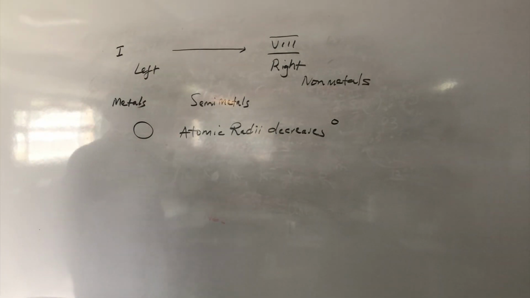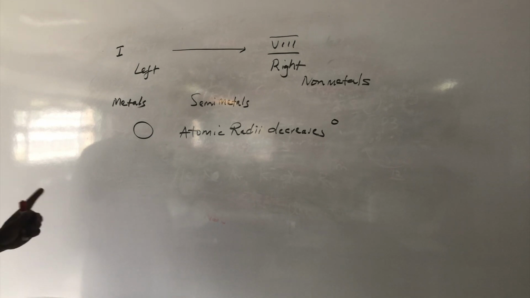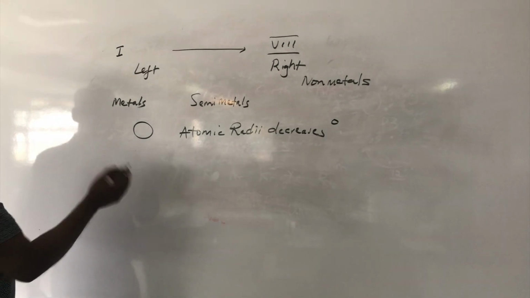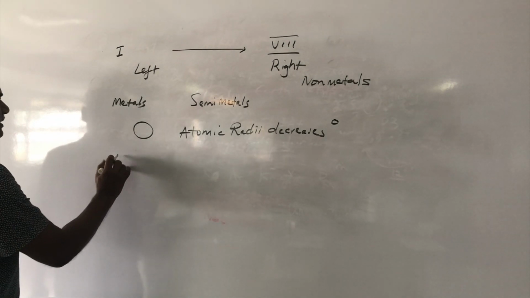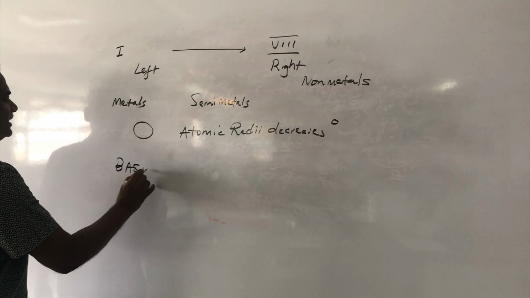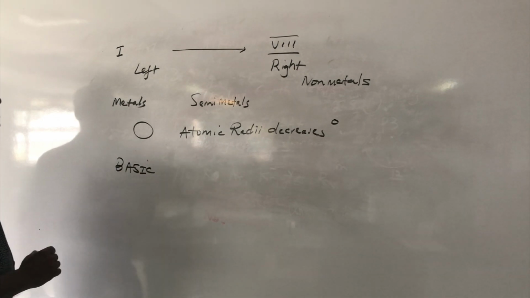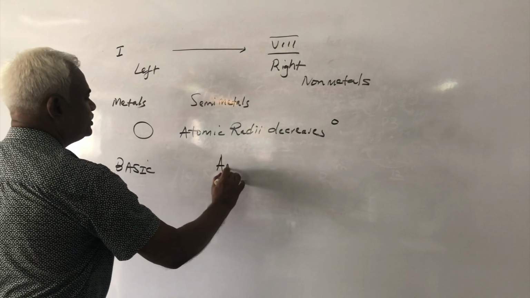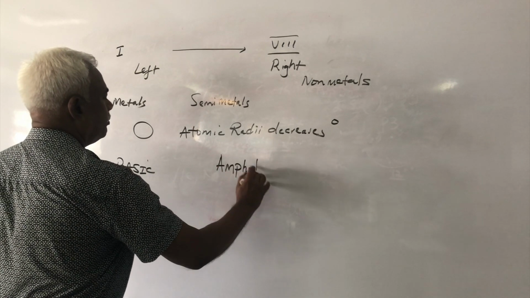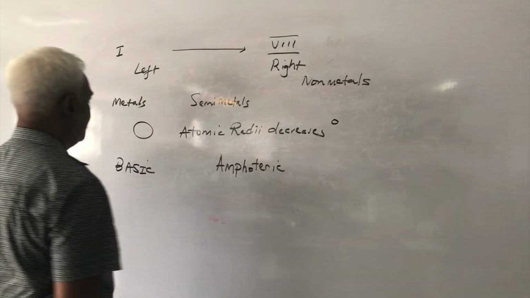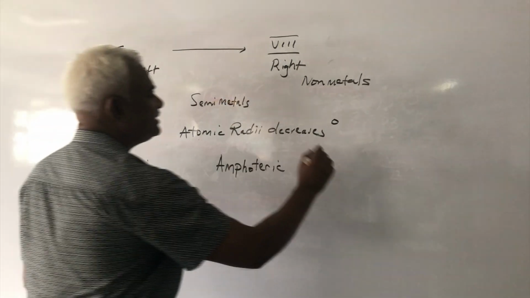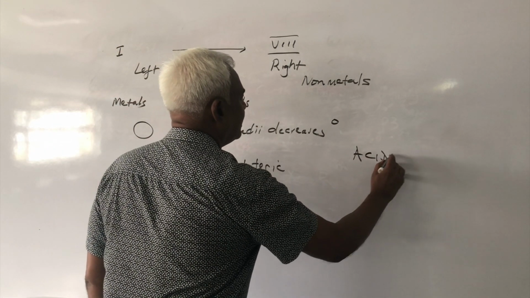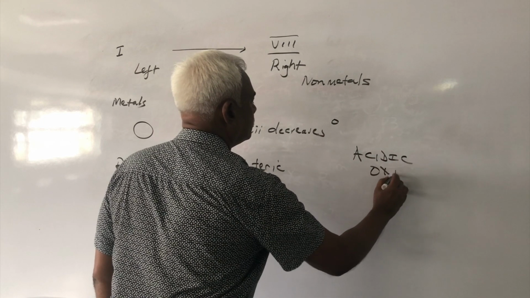All right, now, there's something else we need to see. As we move across from left to right, there are oxides. The oxides of metals will be basic oxides. The oxides of the semi-metals will be amphoteric oxide. And the non-metals will be acidic oxides.